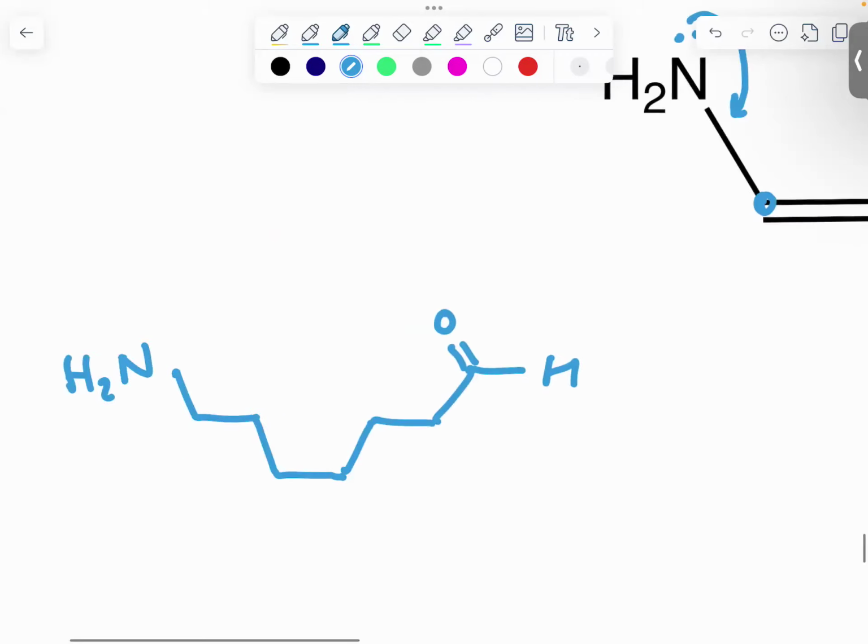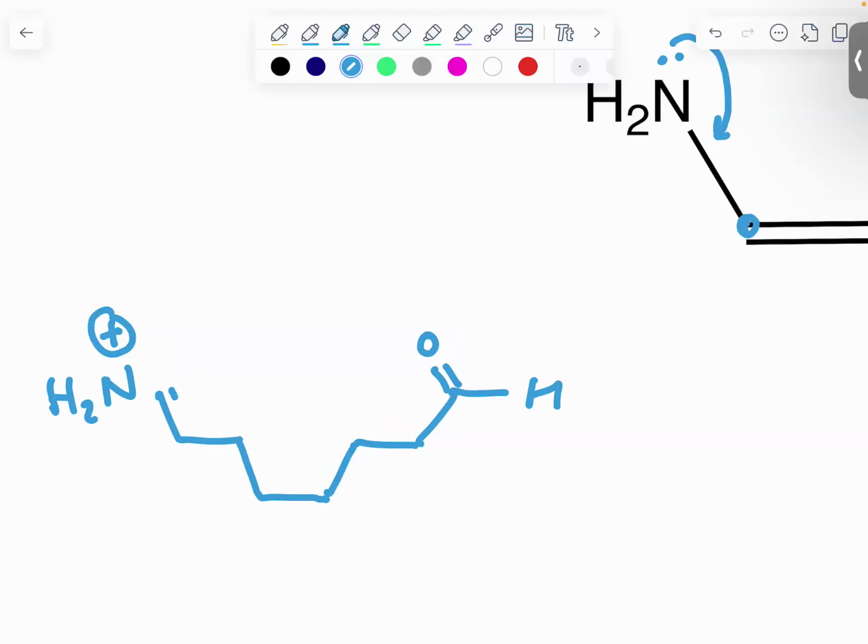Because we took electrons away from the nitrogen, it's now deficient, so it will have a positive charge. We then formed a double bond here. We took away the double bond that was here and made a negative on this one. Everything else remains untouched, so we can just add it in.